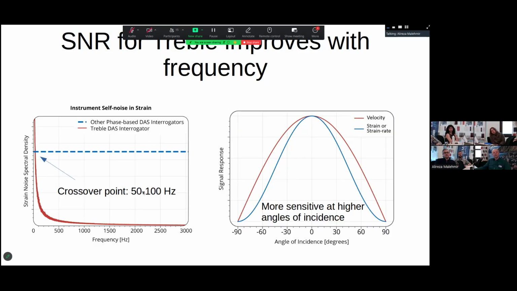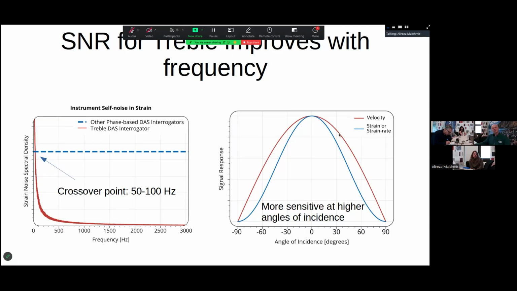But as we move over this crossover point, 50 to 100 hertz, we have much lower noise levels. So if you're interested in recording high frequencies, then this is a good system. This is one of the reasons we invested in it, since we were looking at using it in dam studies where we have frequencies of 2,000 to 4,000 hertz being generated.